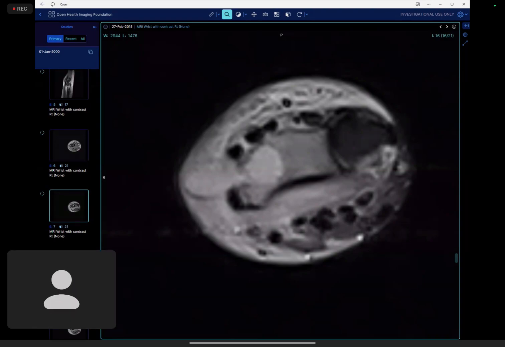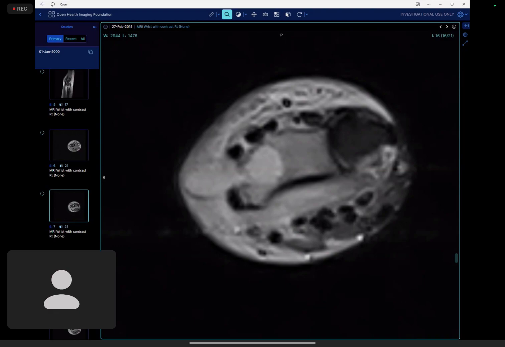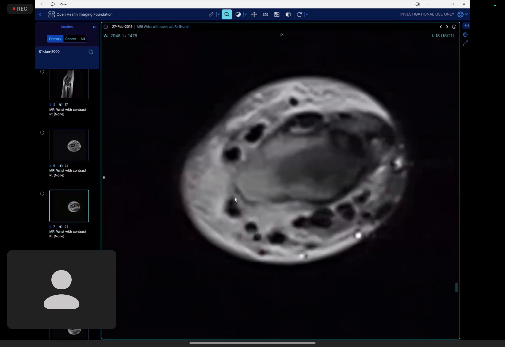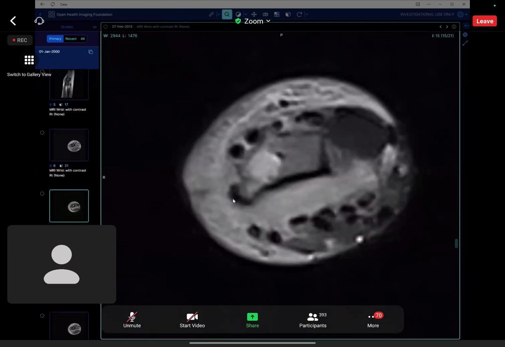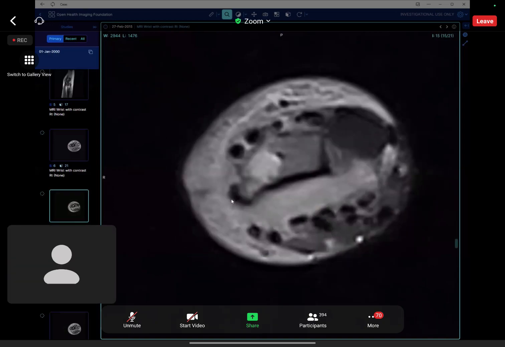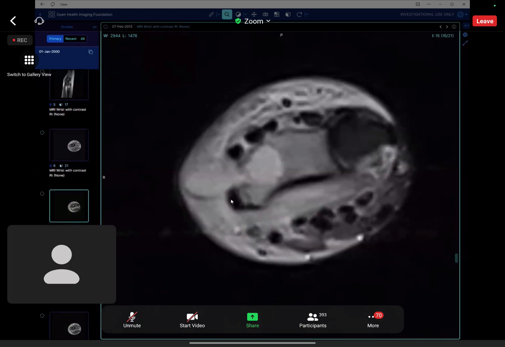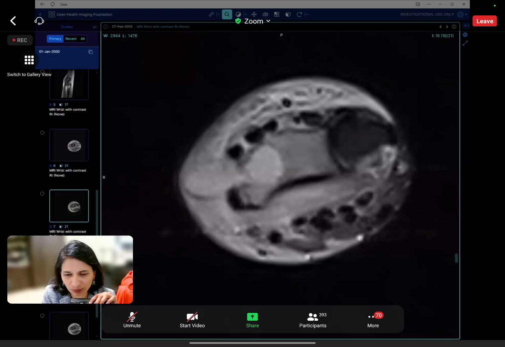There's a new bone formation also over here, and I'm trying to look for any sequestrum, but I'm not seeing it in this image. Can I just have a look again? There is a hypointense focus here within the center of this lesion. I will see this on the other image.